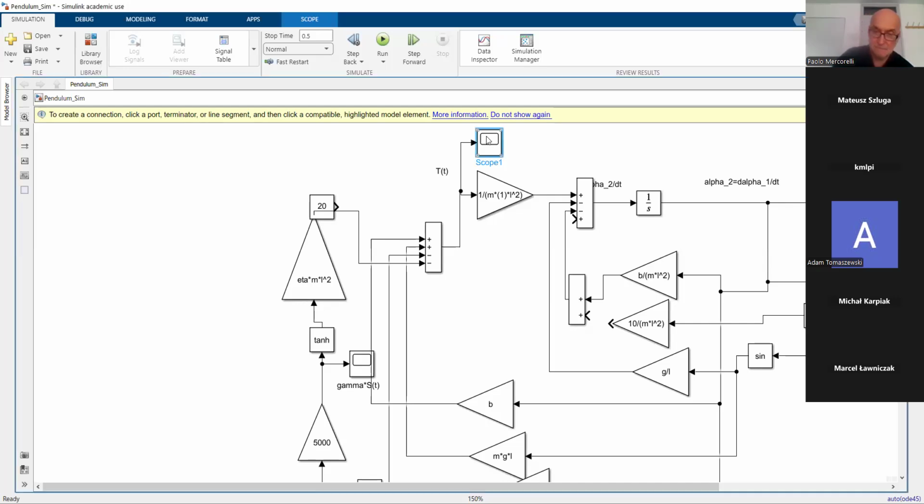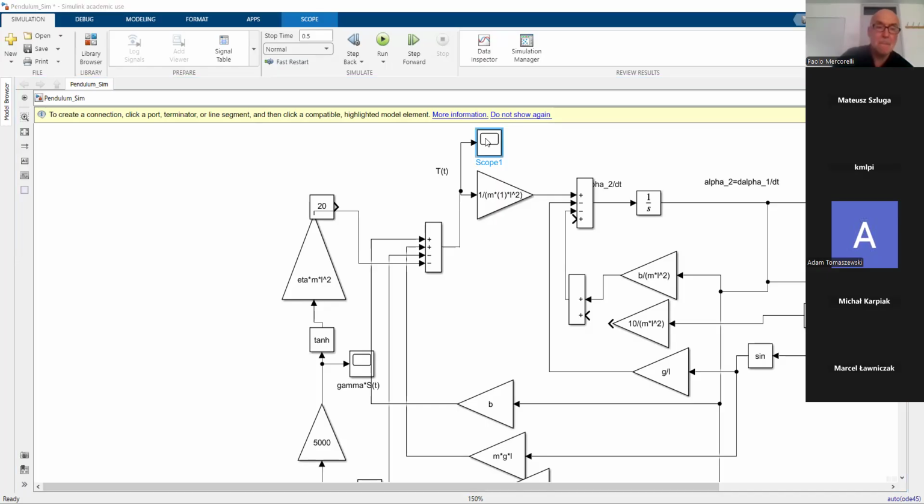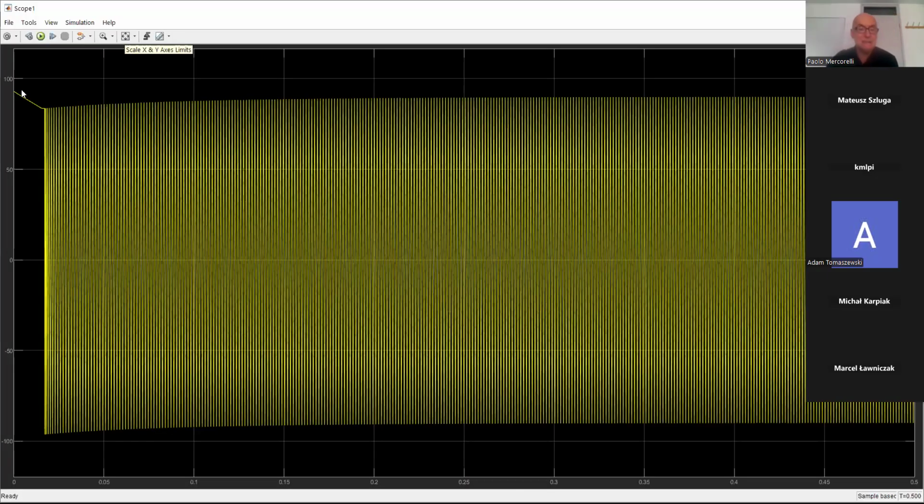Here we have a t. You can see I started from 100. And of course, why this? Because I'm switching. Let me put a negative velocity.